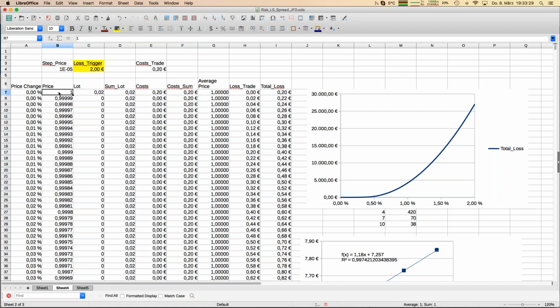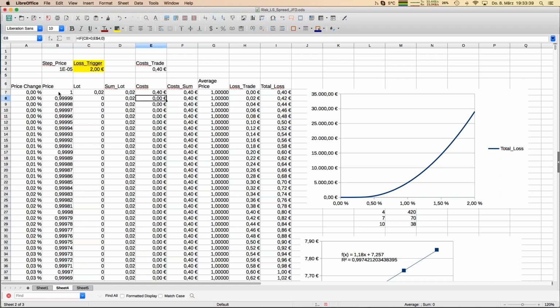Since I open here virtually a long trade with 0.02 lot, you see, okay, I have already costs for that trade. In this case, let's change it to, let's say, 0.4 euros. And I'm instantly in the minus. So my total costs is there. Therefore, when I open the trade, I have a total loss when opened already of 40 cents.